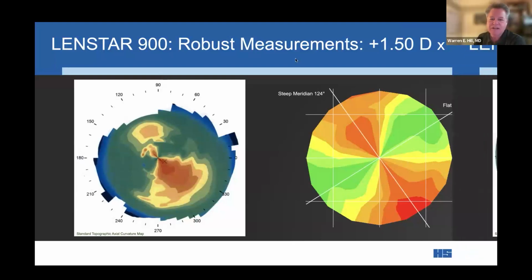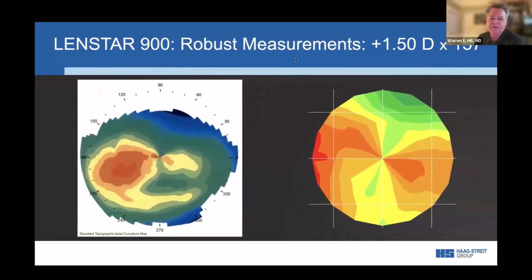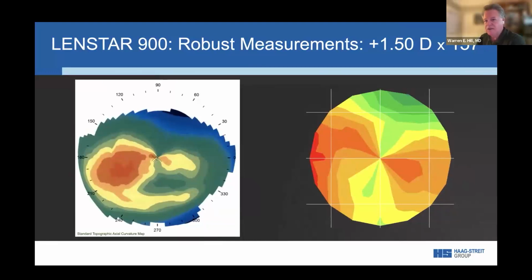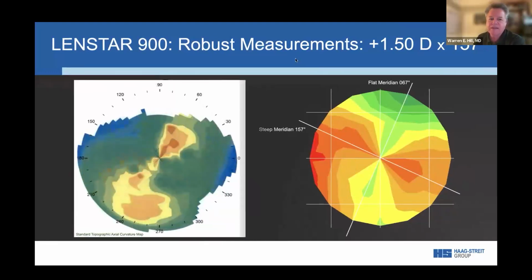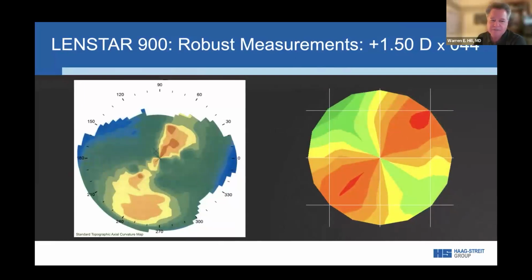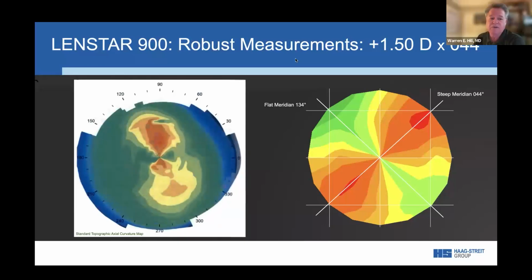So there's our steep and there's our flat meridians. Here's another kind of unusual one, and you can see the central corneal map really defines these nicely for us. Here's another one, this patient had basement membrane dystrophy. You can see that the axial curvature map is giving us a really nice representation of what we need for the toric IOL.